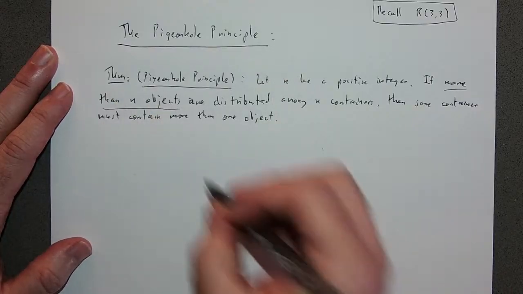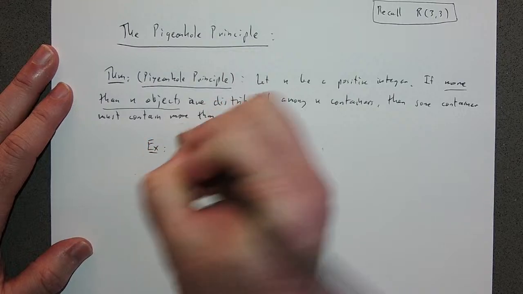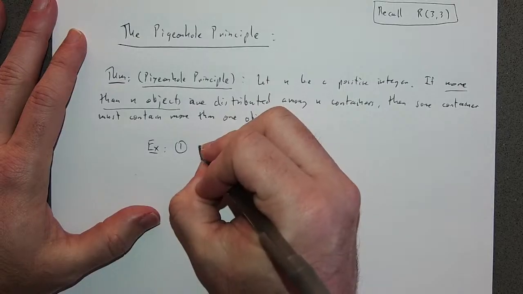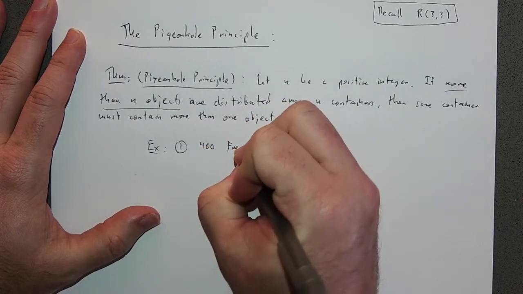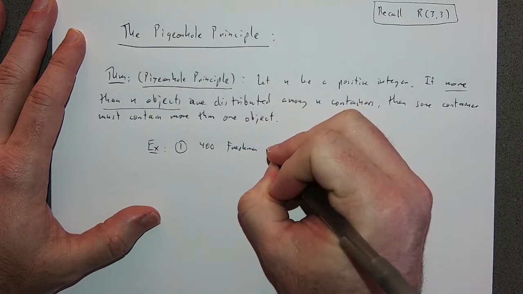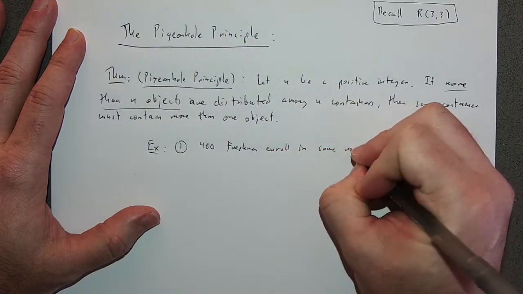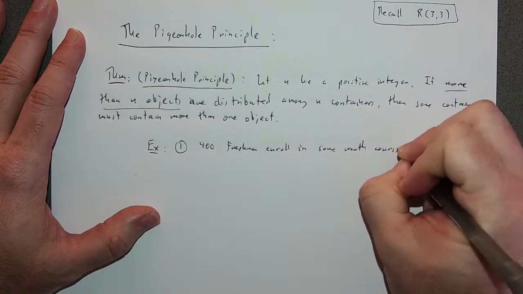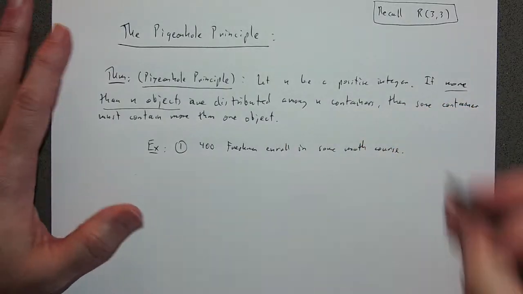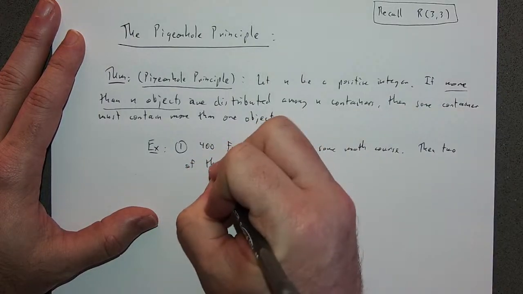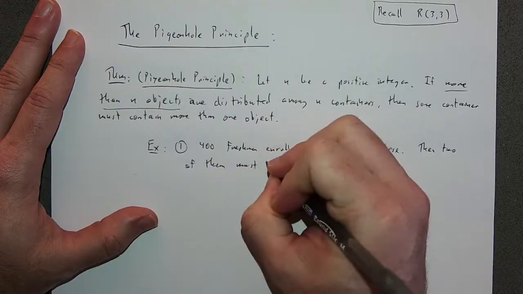What are some examples of using this? Well, say 400 freshmen enroll in some math course. Then 2 of them must have the same birthday.